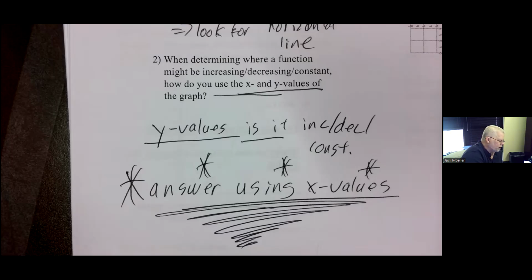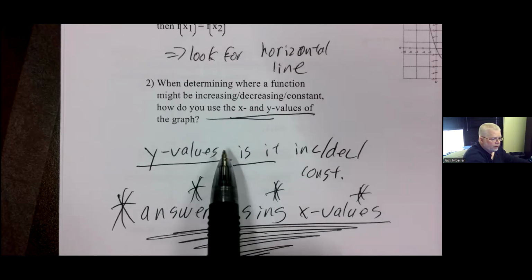We need to identify the critical points on a graph to know when it's going from increasing, decreasing, or constant. One thing I recommend that all students do is, as soon as you get all those points identified, cross out all the y values, because we don't need the y values in the answer, we need just the x values. That is by far the most common issue with this topic, using the y values in the answer.